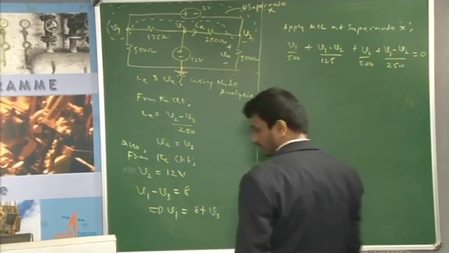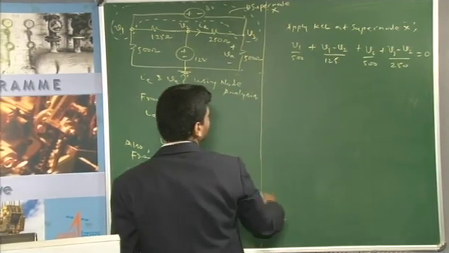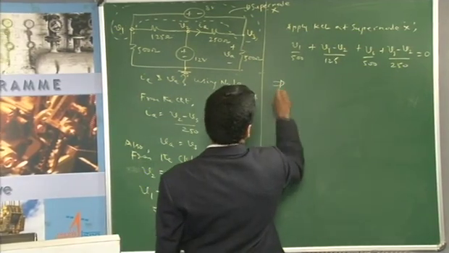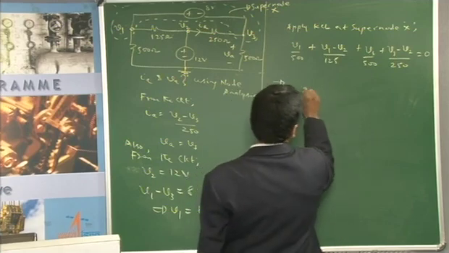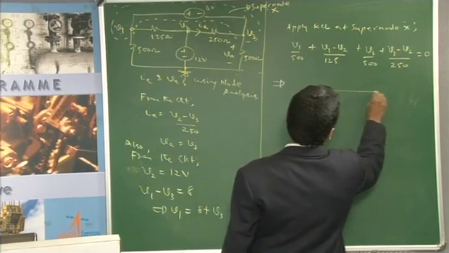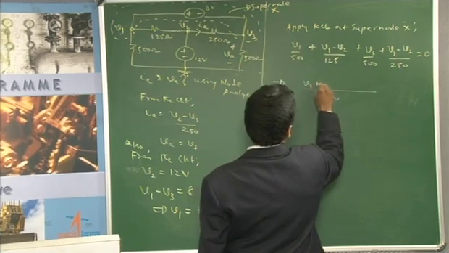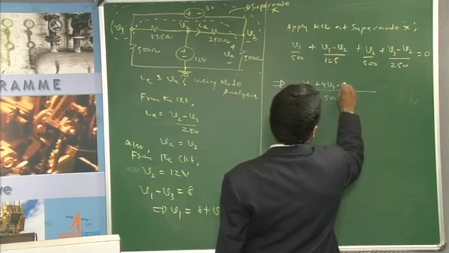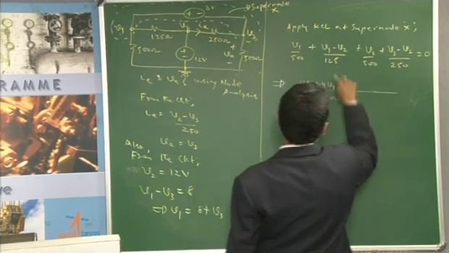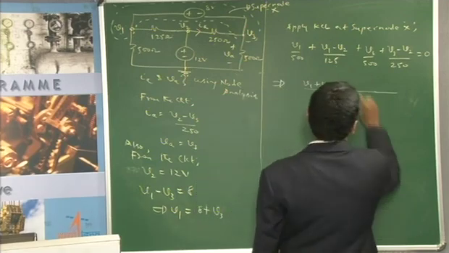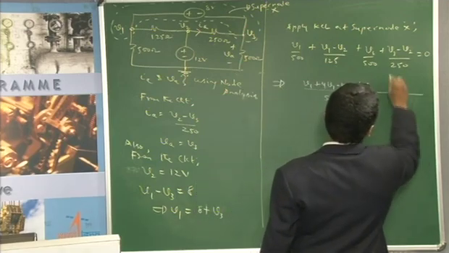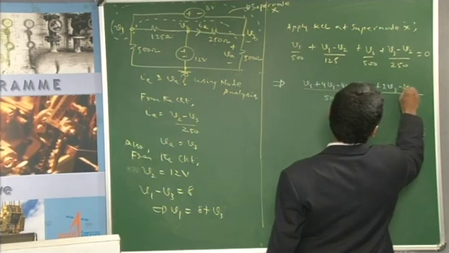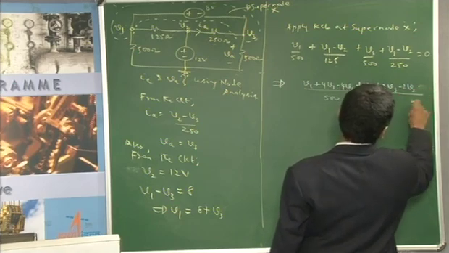Now, the LCM is very much obvious, it is 500. So, this implies V1 plus 4 V1 minus 4 V2, because 125 goes 4 times in 500, plus V3, then plus 2 V3 minus 2 V2, is equal to 0.